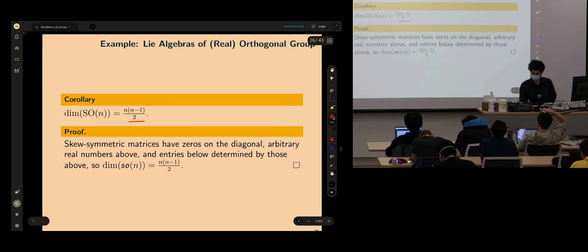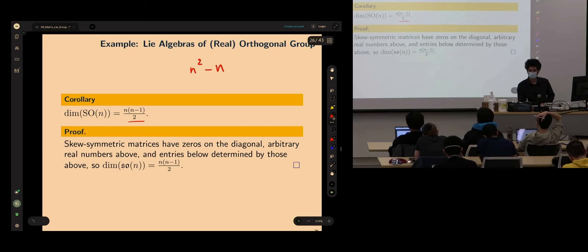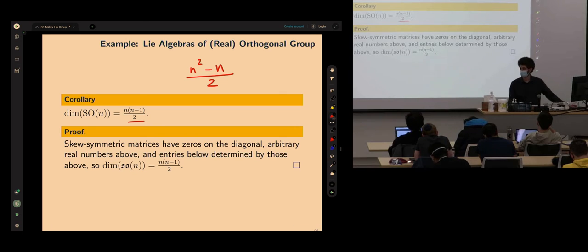An n by n square matrix has n squared entries. All the diagonal terms are zero. It is also skew-symmetric. If you know half of it, you know the other half.